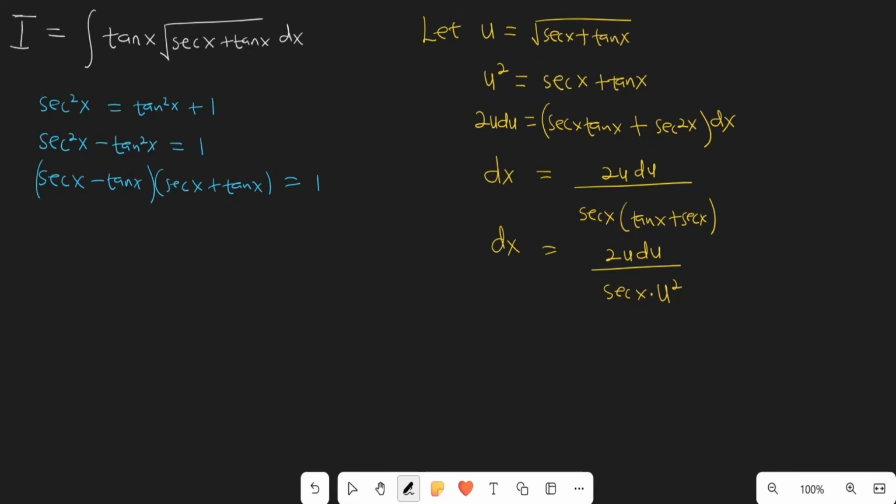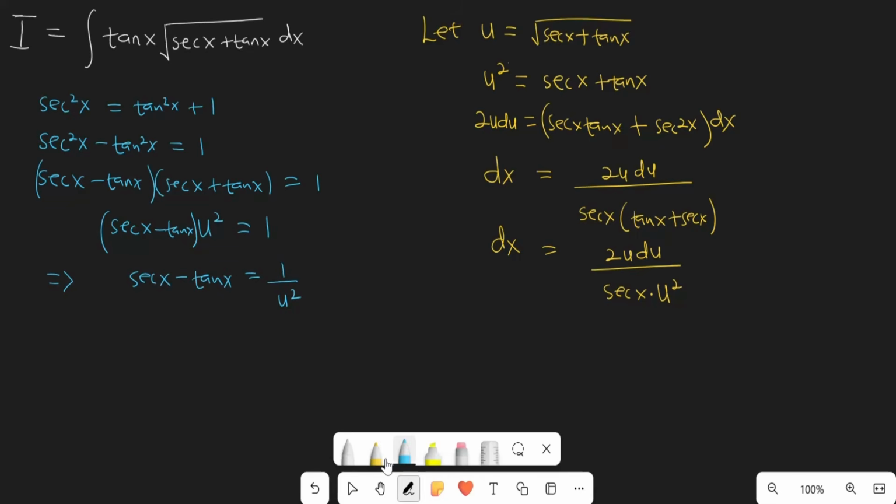Correct. Now we know that secant of x plus tangent of x is u squared, so I'm going to replace this with u squared, multiplied by secant of x minus tangent of x, and this is equal to 1. So that implies that secant of x minus tangent of x is 1 over u squared.